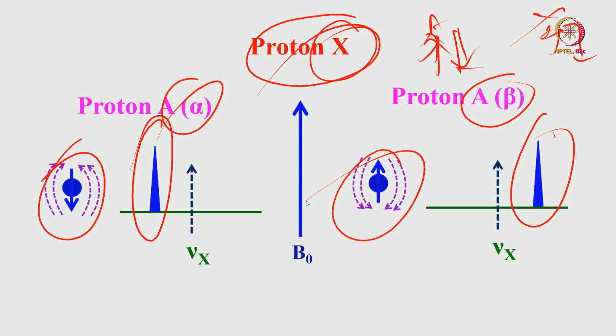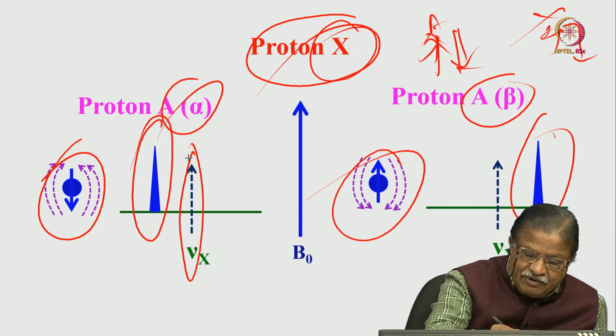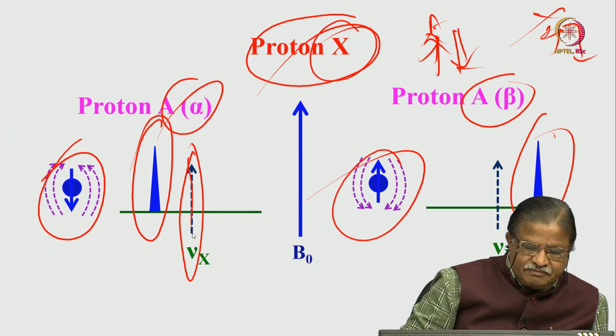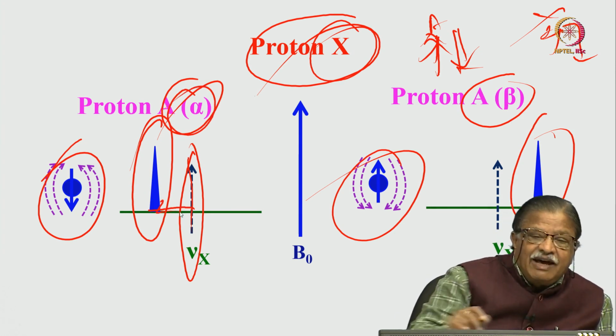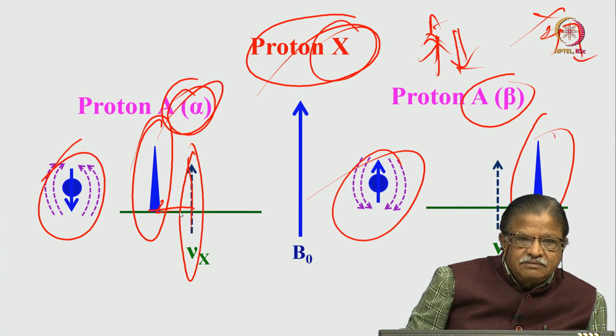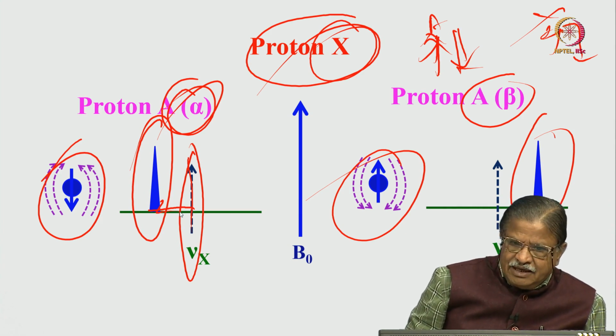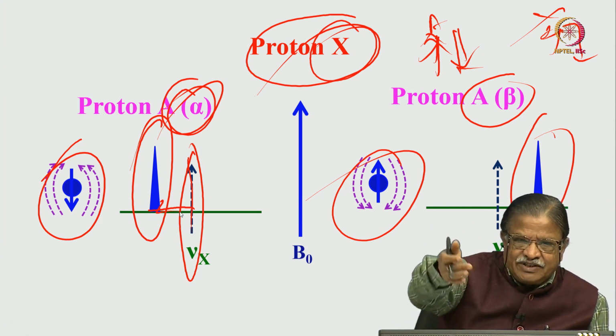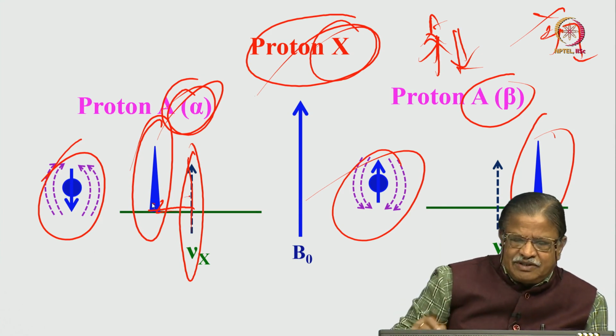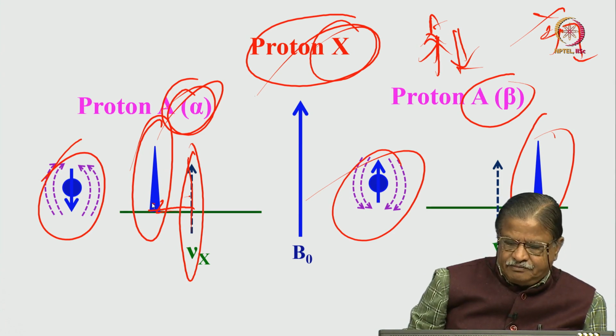Now what will happen with respect to this original position before interacting with proton A? This will be the position of, let us say, proton X. Because it sees proton A in the alpha state, it is moved by a certain value. There is an energy difference, a small change in the energy.